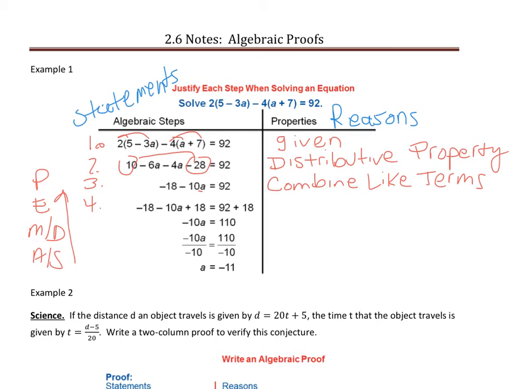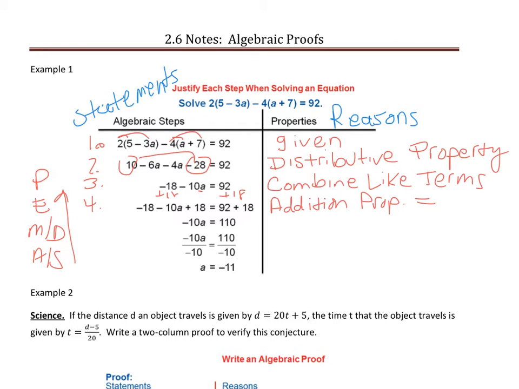So we are undoing all the operations around that unknown in the opposite direction of order of operations. And so we would naturally add 18 to both sides. Well, that's the addition property of equality. That says we can add the same quantity to each side of the equal sign and still maintain equality.